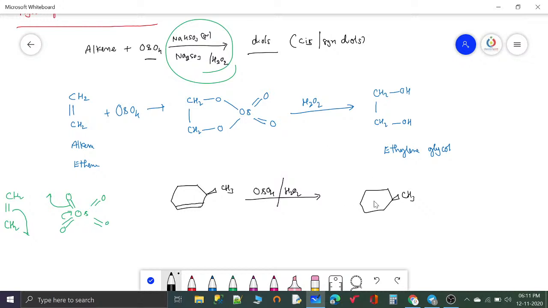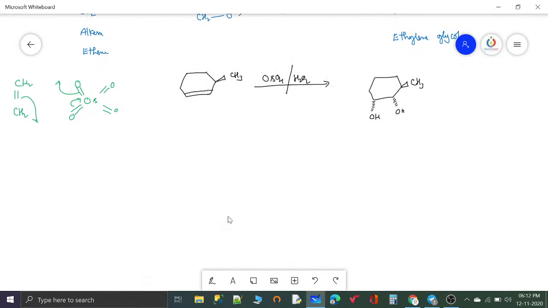Both of these OH groups will be added to the double-bonded carbon atoms from the side opposite to this methyl group. Though this is a syn addition, osmium tetroxide preferably attacks from the back side to avoid collision with the methyl group.